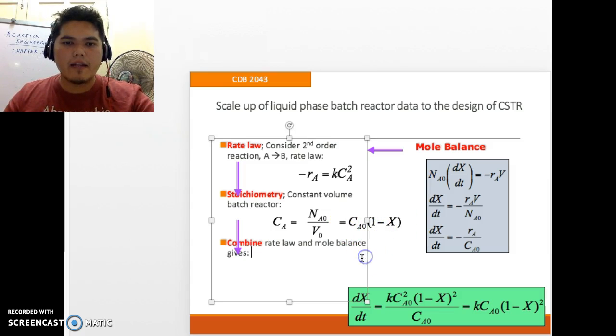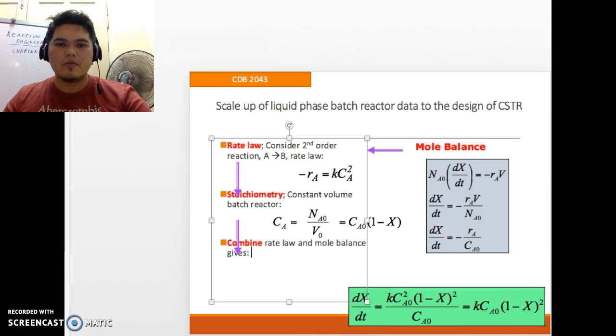And we need to combine all this information, where you substitute CA naught (1 minus X) into CA squared, and that's where you get this particular term. Then you know that CA naught is here, so when you cancel out CA naught and CA naught, you are left with K CA naught (1 minus X) squared. So this equals dX/dt.